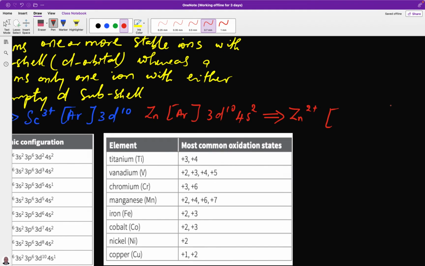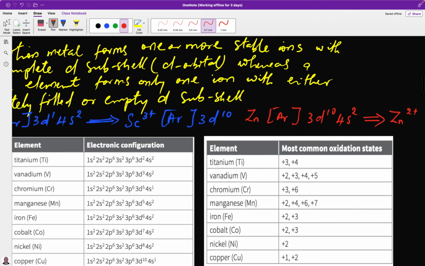Zinc 2 plus will now be left with a filled d subshell. Sorry, I made a mistake here. When these two electrons are lost.